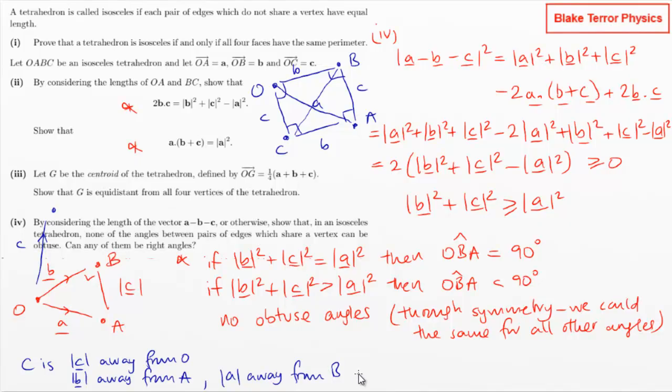So how am I going to actually convince anyone of this? Okay, so I'll say first of all it forms a rectangle, not a tetrahedron. So then I could say that O, A, B, C are in the same plane.